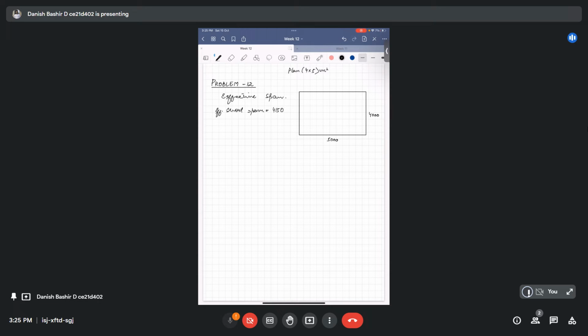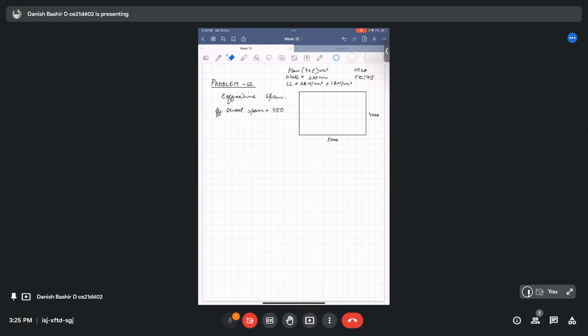We have a wall 230 mm thick, and we have live load 3 kilonewton per meter square plus 1 kilonewton per meter square. M20 Fe415. This is the whole thing we have been doing all the problems in these 12 weeks.